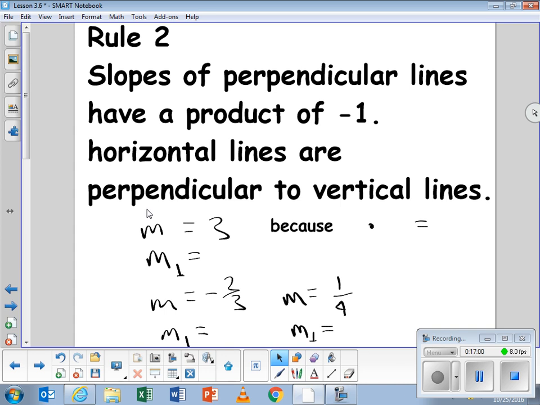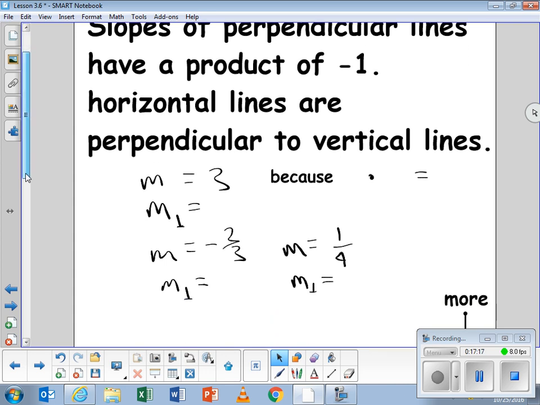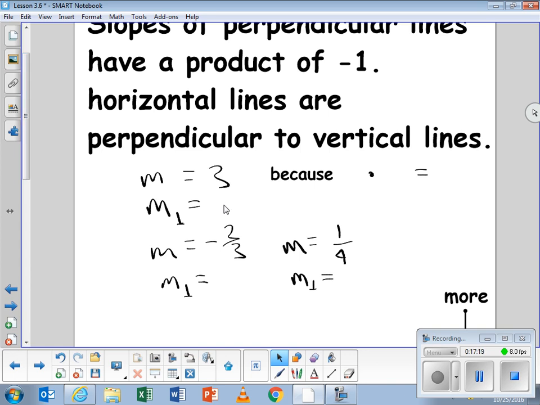Okay? So slopes of perpendicular lines have a product of -1. Now, Jacob is really close in what he was saying to you. He was saying that if my slope was 3, my other slope was 1/3. The problem with that is what is 3 times 1/3?